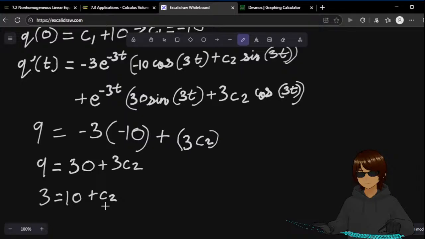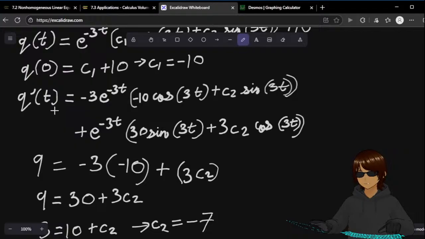C2. Is this even correct? C2 equals minus 7. Yes.